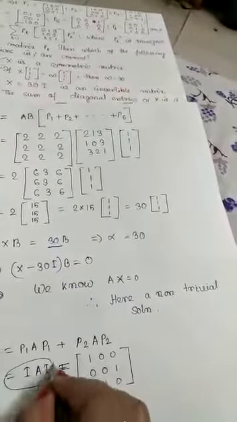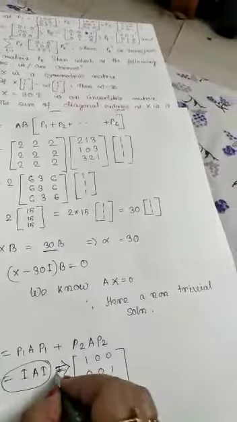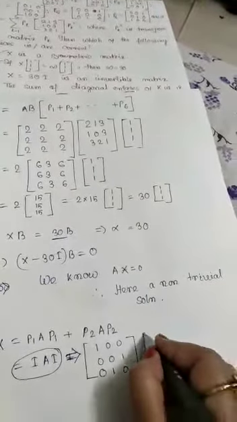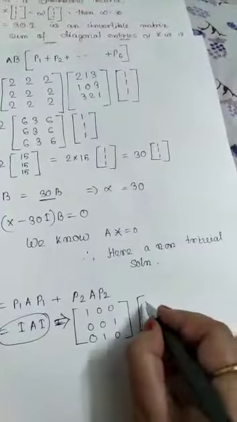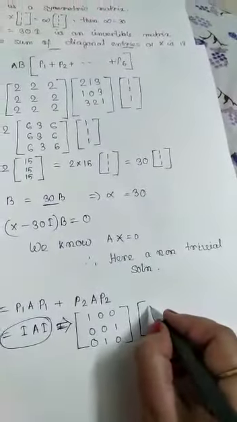It is not necessary here. Our A is equal to 2 1 3, 1 0 3, and 3 2 1. Therefore, we put A is equal to 2 1 3, 1 0 3, 3 2 1, and our P is equal to 1 0 0, 0 0 1, 0 1 0.